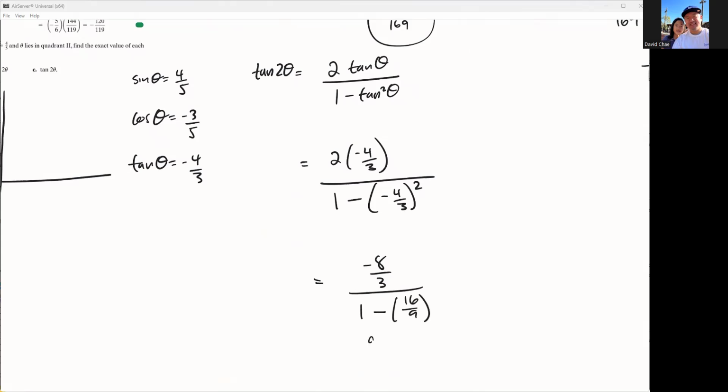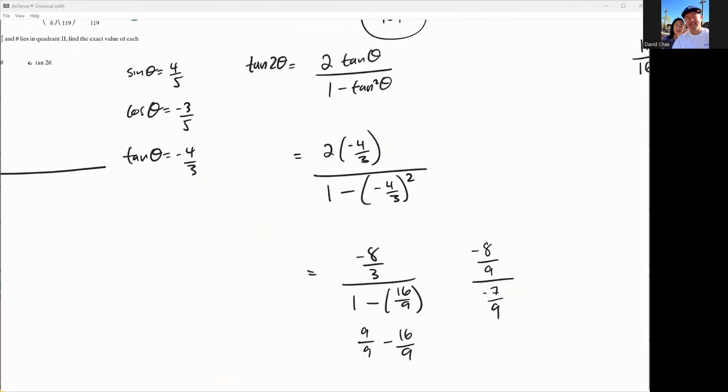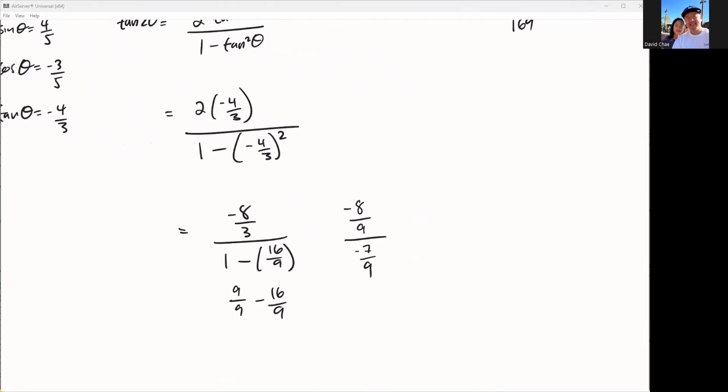This is 9/9 minus 16/9, which is -7/9. So -8/9 all over -7/9. The negatives cancel out, the nines cancel out, so it'll just be 8/7.